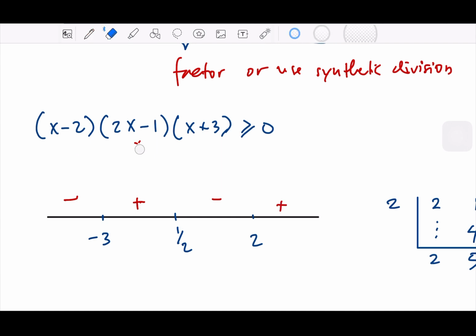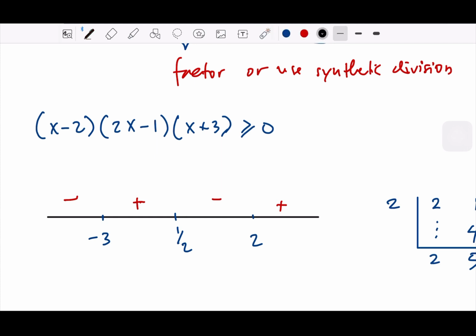Now based on the question, the information we have, the whole expression should be greater or equal to 0. Okay. So we need to include all the numbers that are actually our zeros.